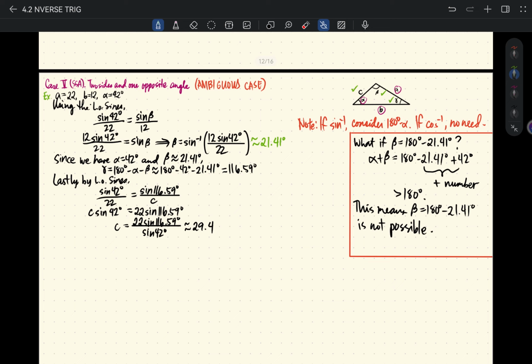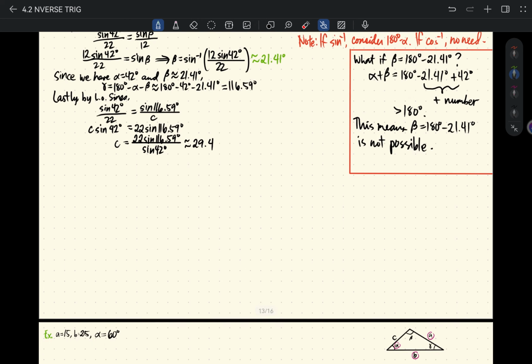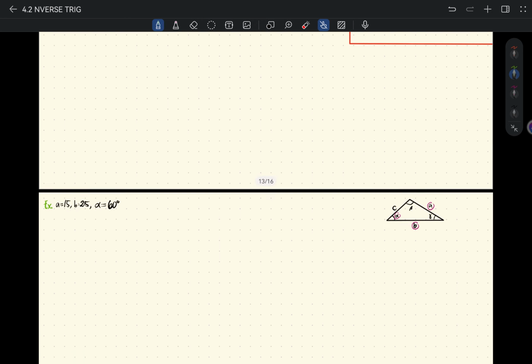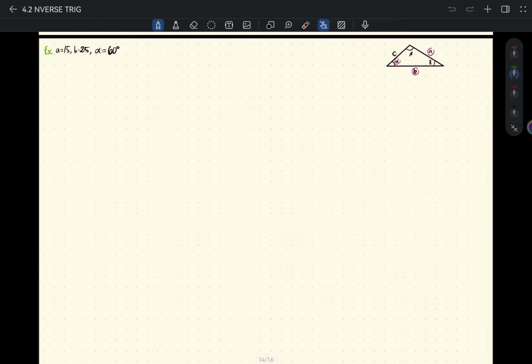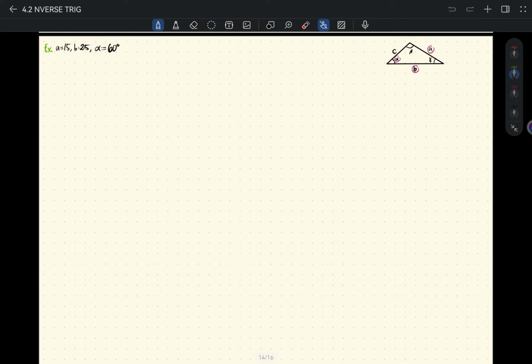And that's it for this example. I will not draw observations here yet, since I want you to see the other examples regarding SSA before we draw conclusions. For the second one, let's consider A equals 15, B equals 25, and alpha equals 60 degrees.